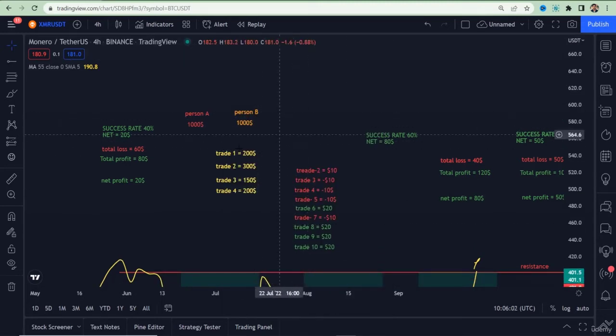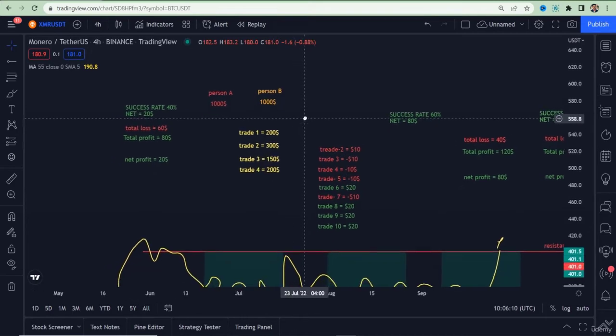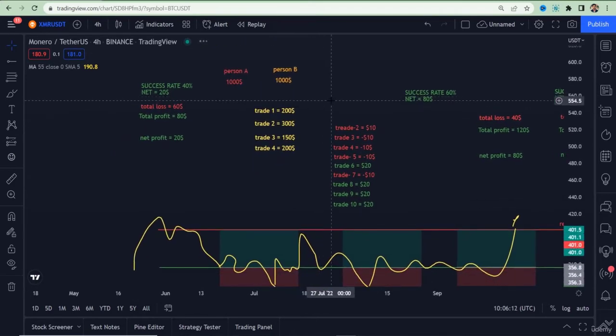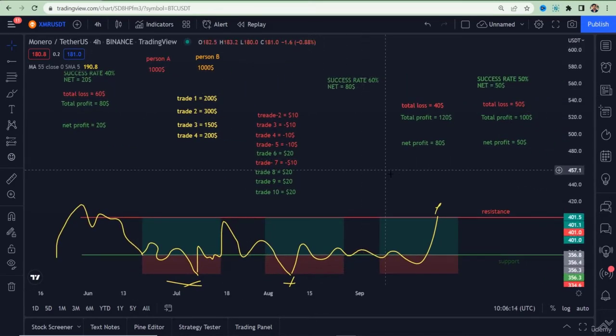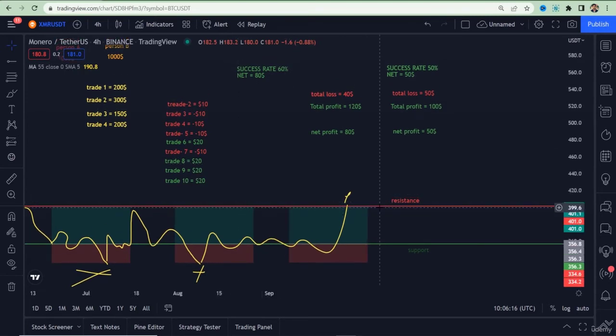Now this person is at the mercy of the market. He has left himself completely vulnerable to the market, because what he's trying to do is something like this. I'm going to try to represent it. This is the same support, same resistance.